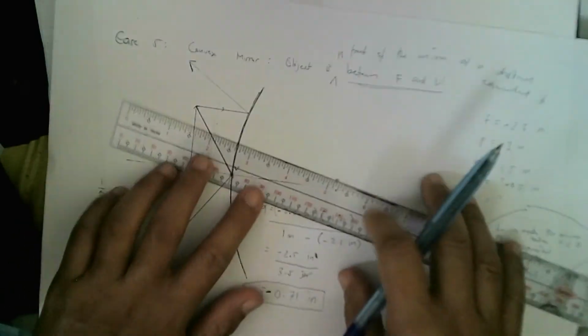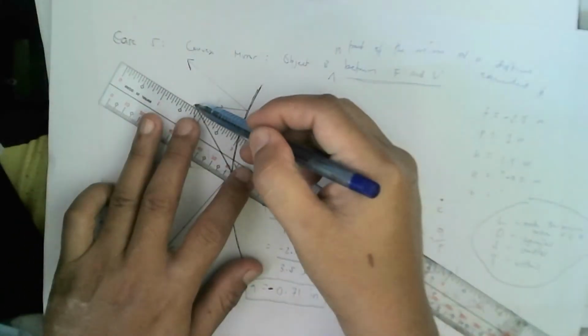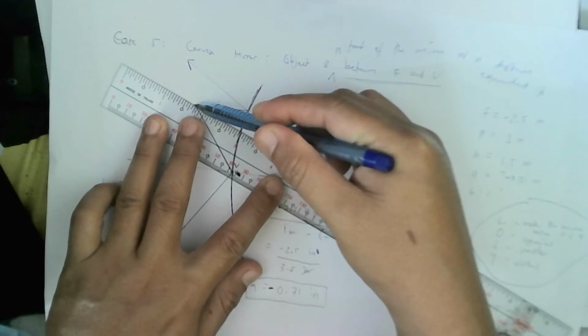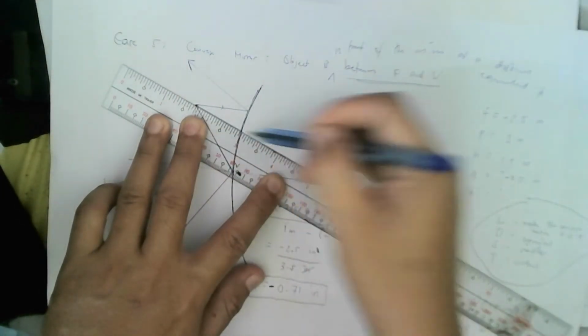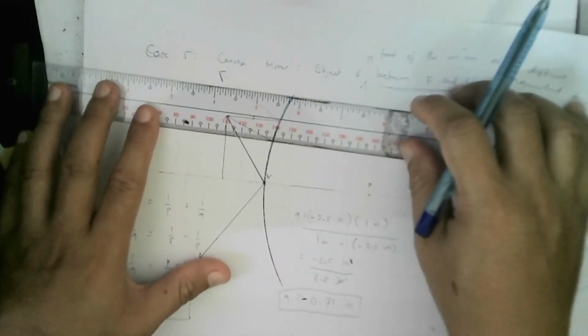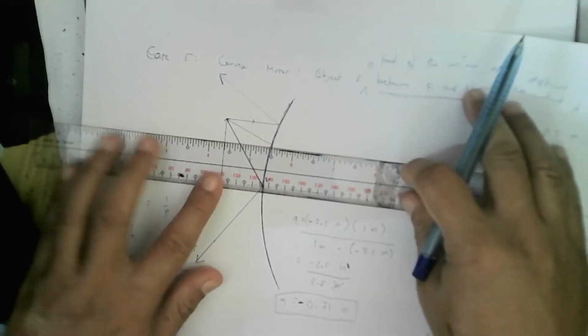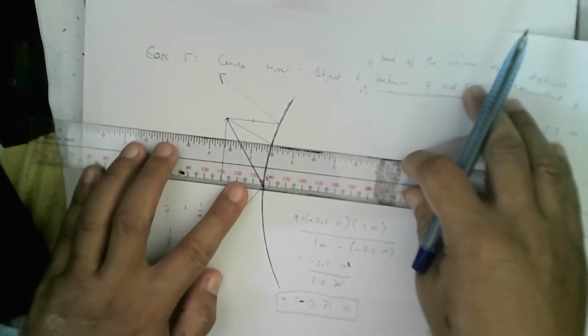Now you have your FP ray, which is your ray that is aligned with the focus on the other side. It hits the mirror, does not really go in there, and then becomes parallel to the principal axis.